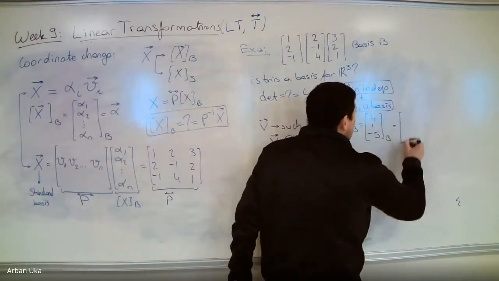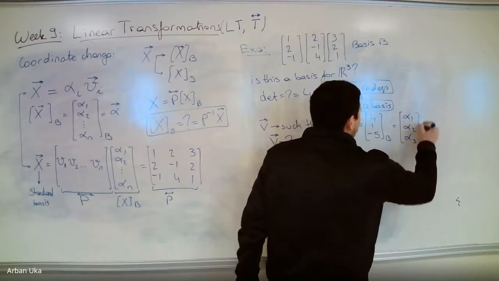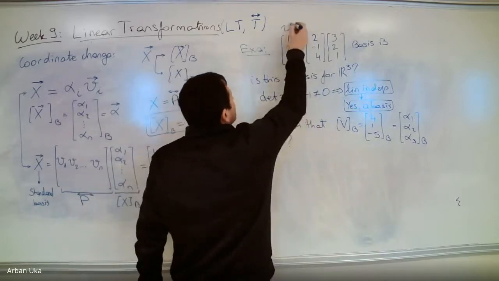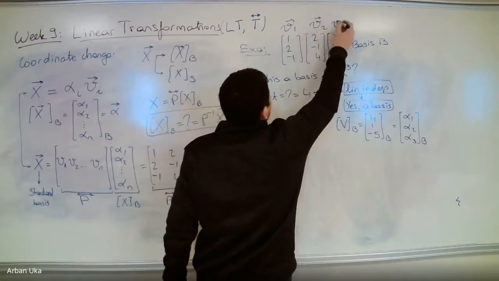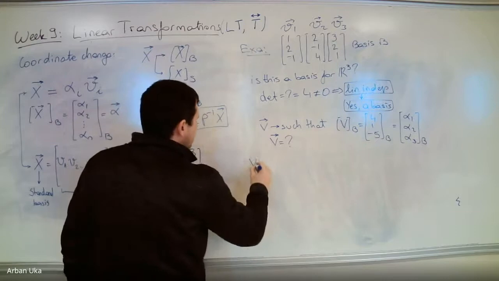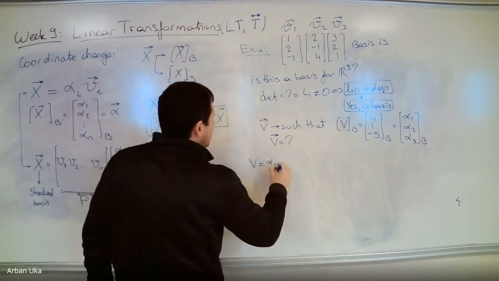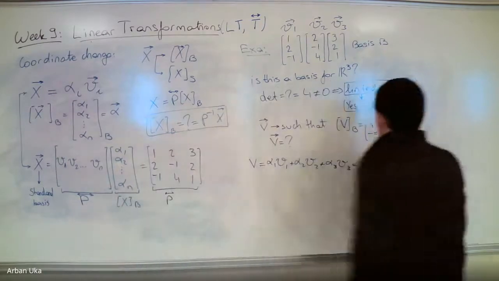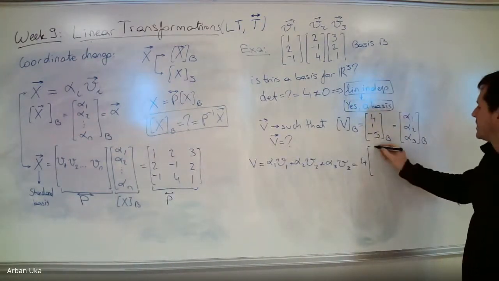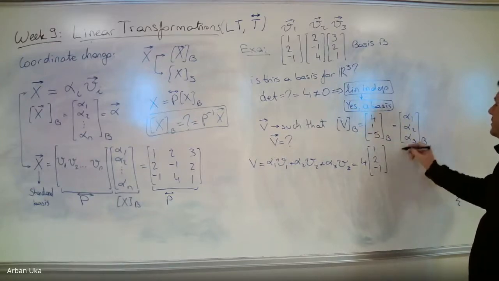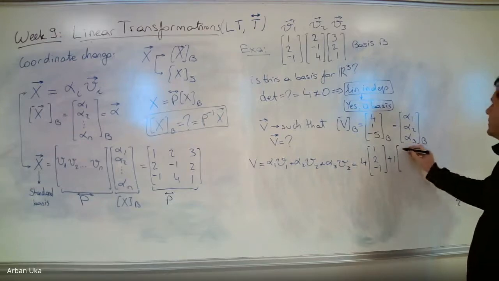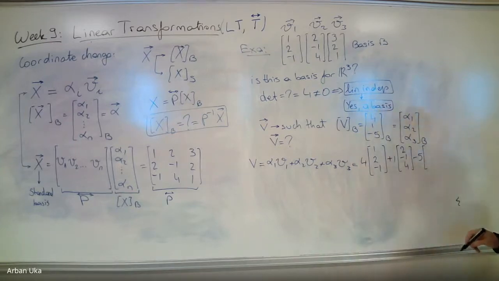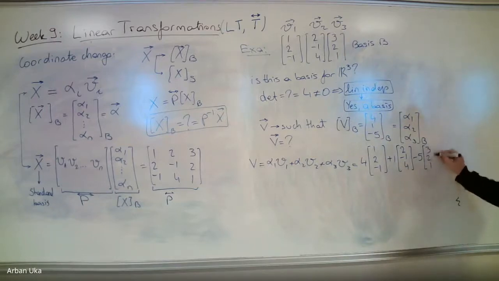As a reminder, this is alpha 1, alpha 2, and alpha 3 in a basis B, where V1, V2, and V3 are these vectors. So V itself, written in a different way, is equal to alpha 1 V1 plus alpha 2 V2 plus alpha 3 V3, which means it's equal to 4 times 1, 2, minus 1, plus 1 times 2, minus 1, 4, minus 5 times 3, 2, 1.